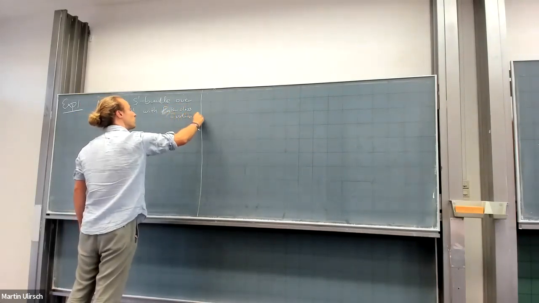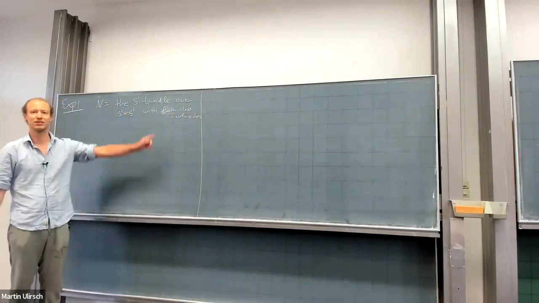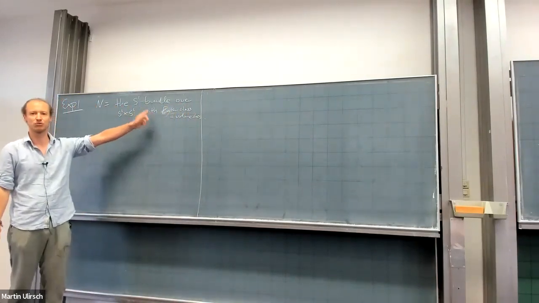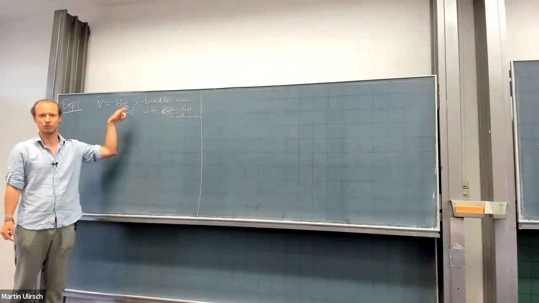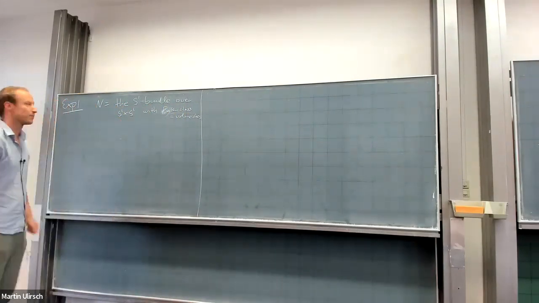Or if you prefer a more complex analytic description, we take the complex line bundle which has first Chern class the volume class, and then you take the unit vector bundle in there.